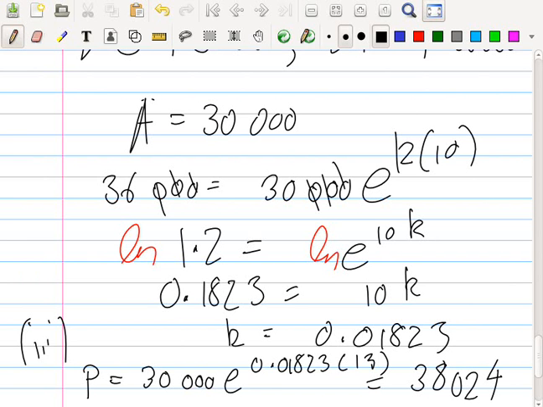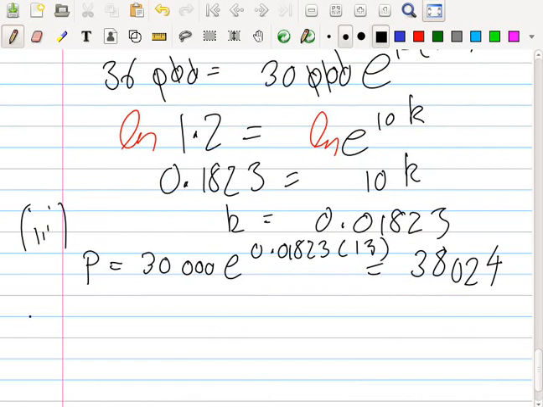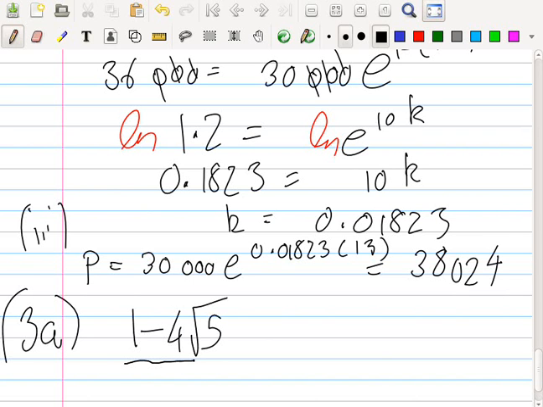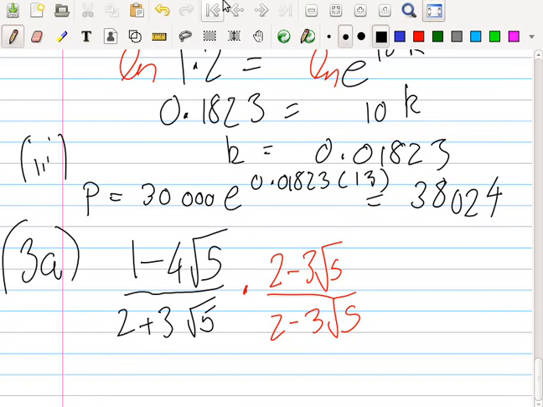So number 3 now. First thing we need to do is simplify this. Oh, very good. Way ahead of me. Conjugate. So I multiplied the top and the bottom by the conjugate. Okay.